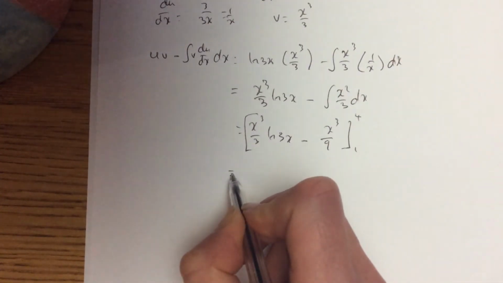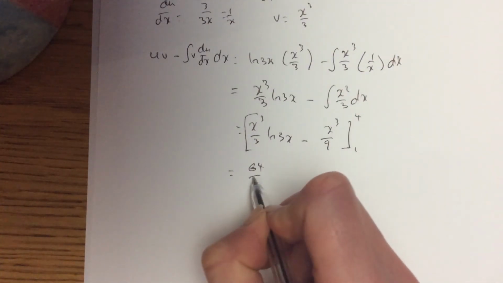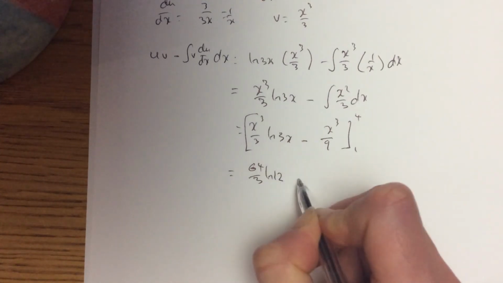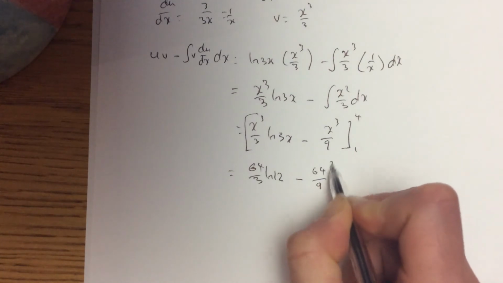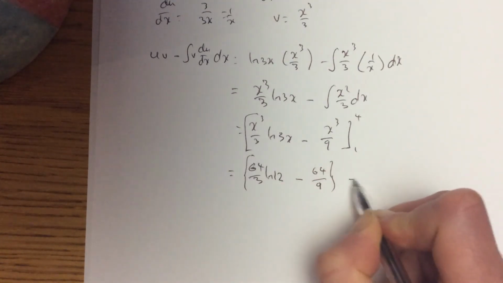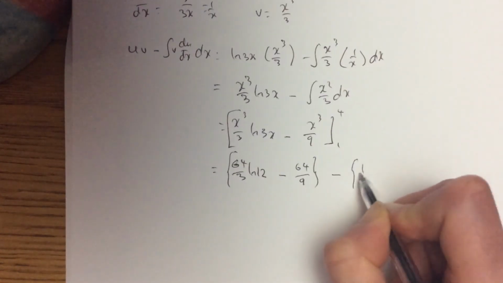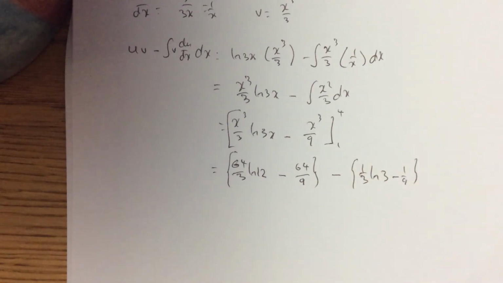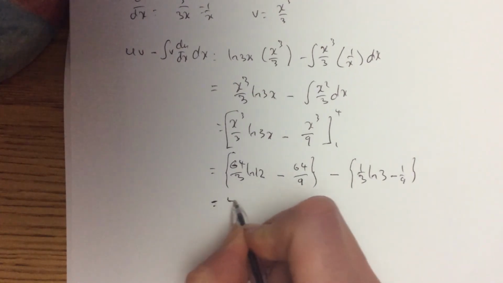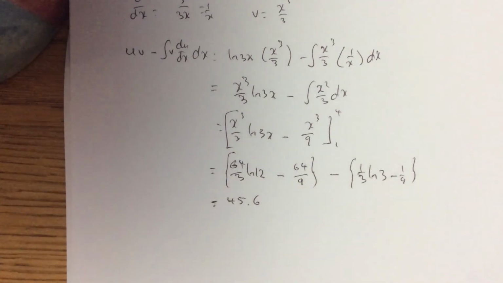So subbing in your 4, 4 cubed is 64 over 3 log 12 minus 64 over 9, take away 1 over 3 log 3 minus a ninth. And if you work that out on your calculator, you should end up with the answer 45.6.